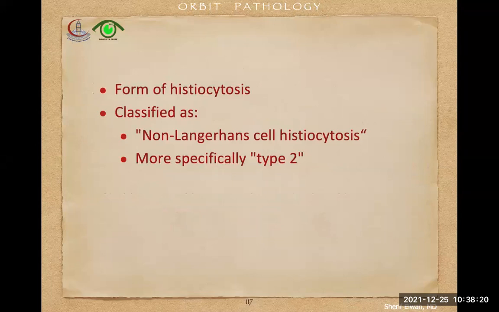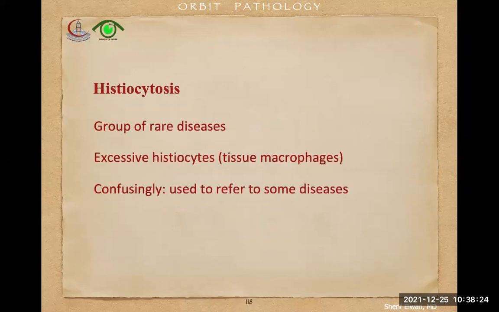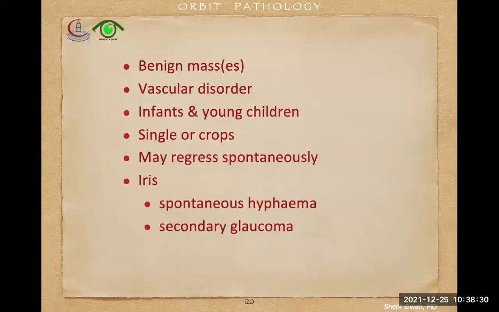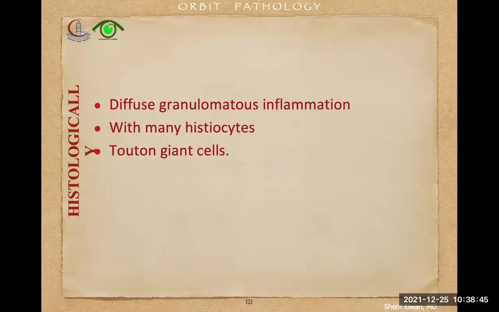It's a benign type of histiocytosis called non-Langerhans cell histiocytosis. Masses of benign nature, vascular nature in infants and young children, either one or multiple, may regress spontaneously, but known for causing hyphema and secondary glaucoma.